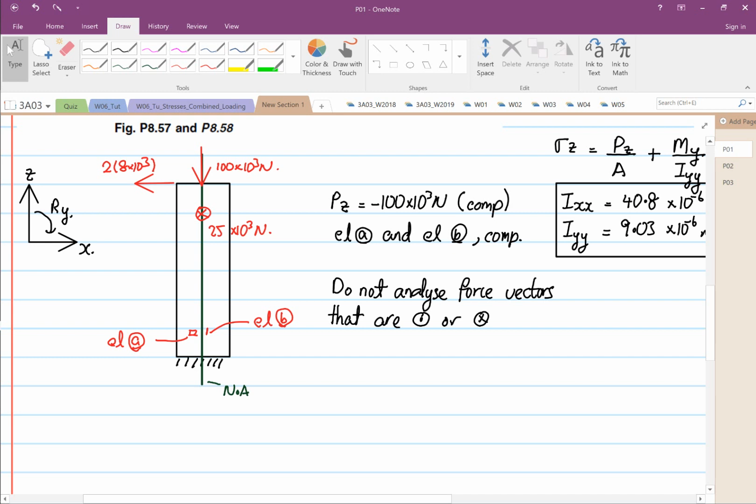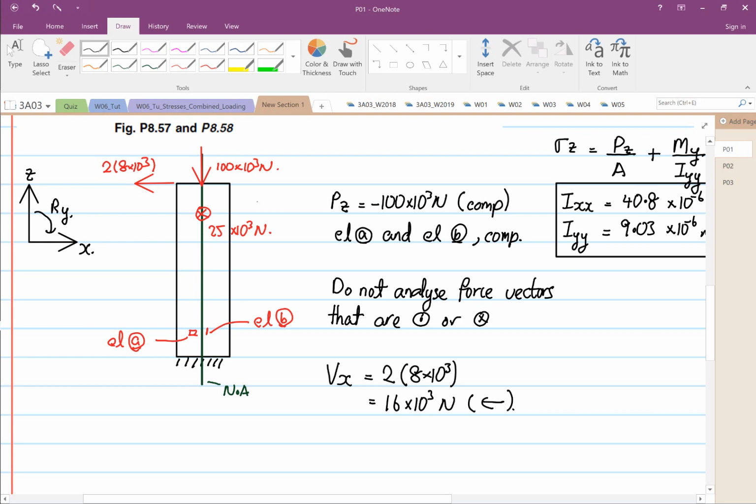In the next step, we know that we have shearing force Vx. This Vx is twice 8 times 10 to the power 3, so the shearing force will be 16 times 10 to the power 3 Newton, and it will go towards the left.